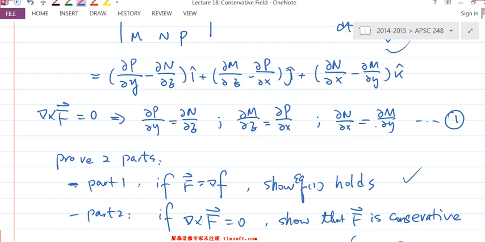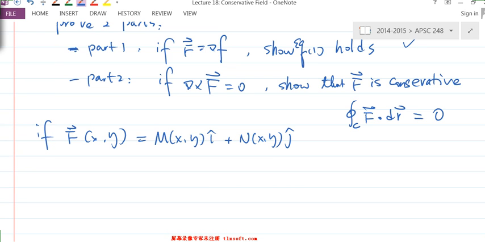Having said this, your focus is, don't be fooled by the long expression of this vector field. You need to stick to the formula when you do the verification.